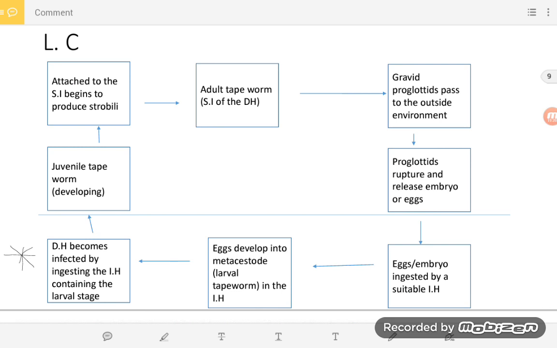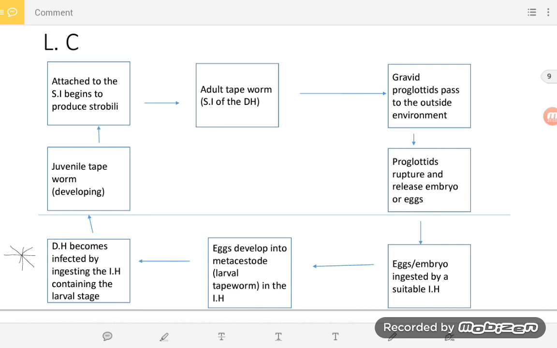So after entering into the definitive host, a juvenile, meaning a very young tapeworm, will develop, and this is attached to the small intestine wall by using suckers and the hooks.